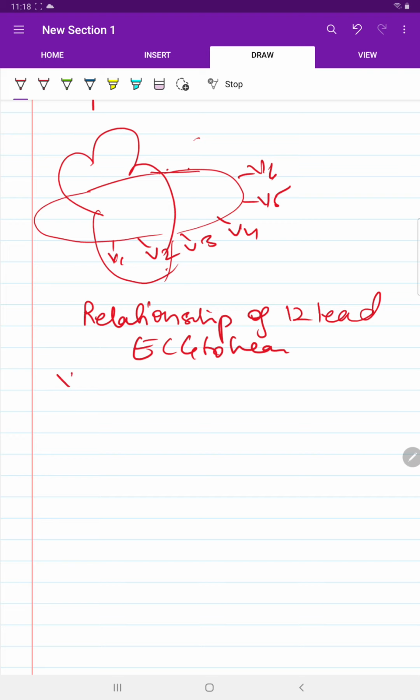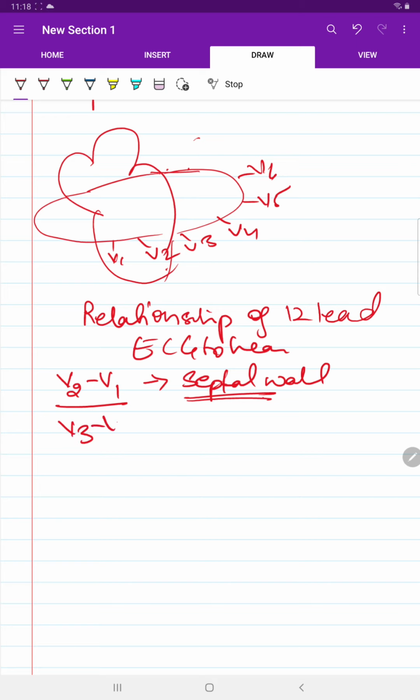Like this, if there is a problem in lead V1 or V2, then it's septal wall MI, because leads V1 and V2 are related to the septal wall of the heart. Now leads V3, V4 are related to the anterior wall of the heart. Okay, got it?